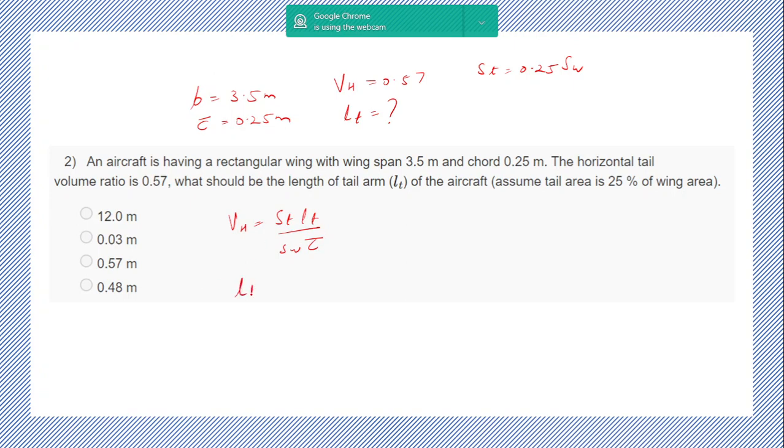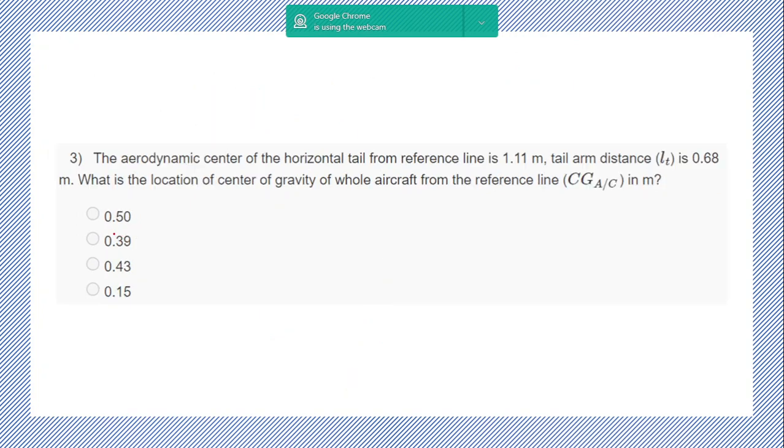Only thing missing is LT. LT is VH into SW upon ST and C bar. So let's just calculate this. VH was 0.57 into SW upon ST is... Okay, let me just complete this. Yes, 0.57 meters. Okay. Next question.